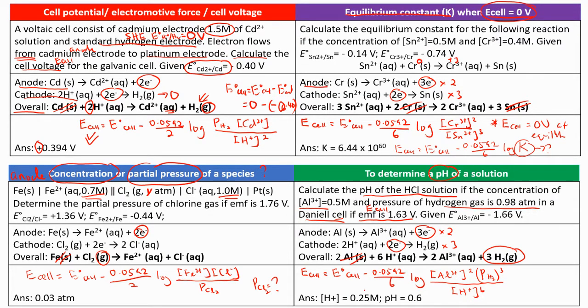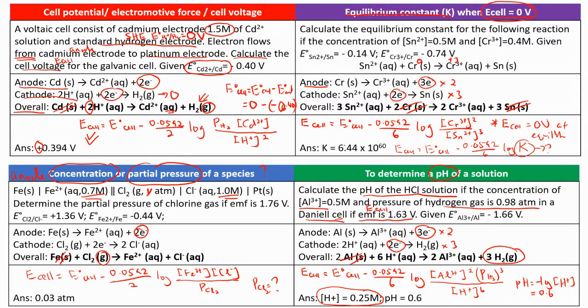So we find out the concentration of hydrogen first. Then we can find negative log H plus. So we will get 0.6 for the pH of the solution.